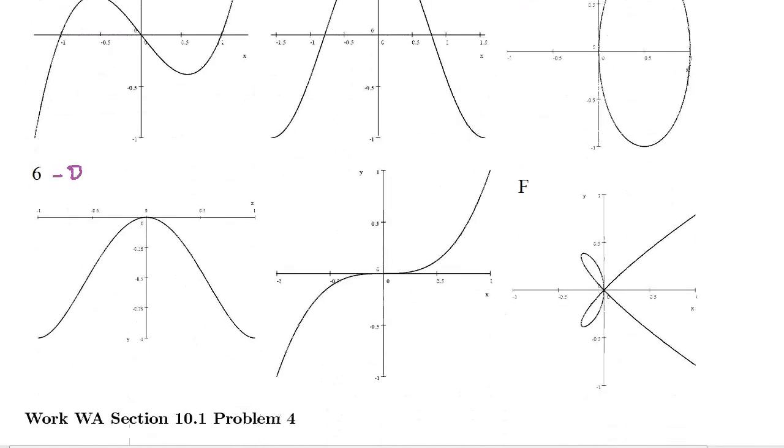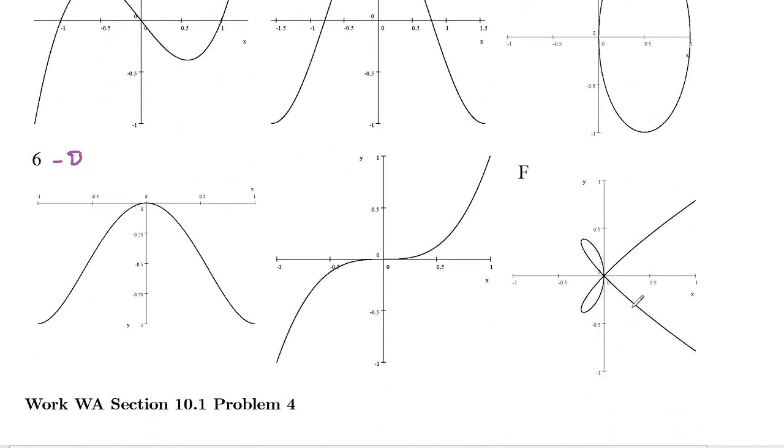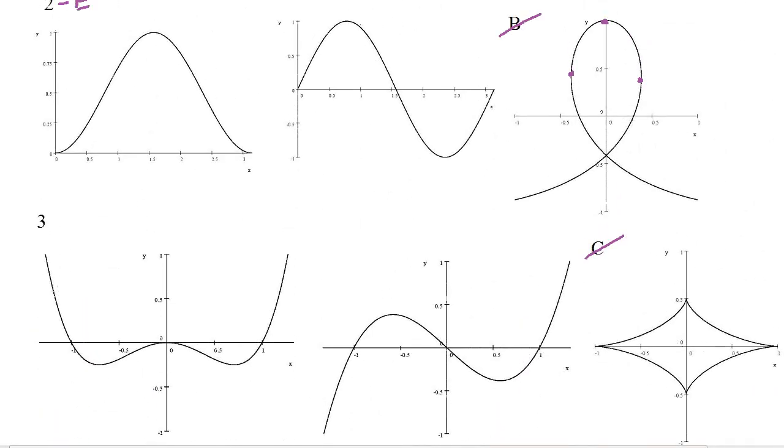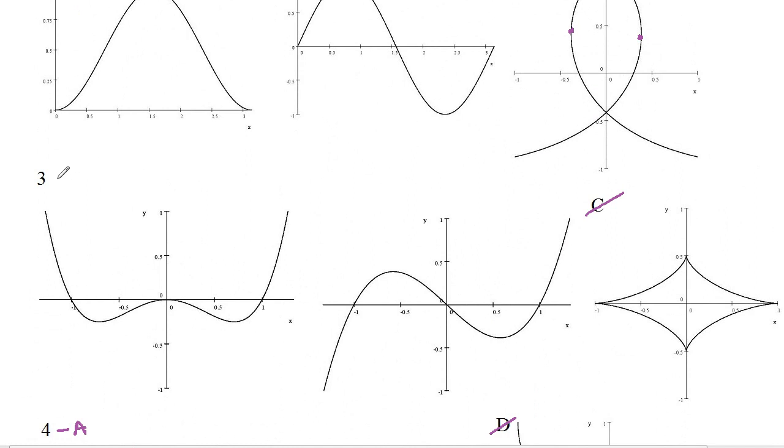And then that means that this little shoelace here, F, has to go with 3. And let's see if that makes sense. So our x is decreasing, increasing, decreasing, increasing. And y is going up, down, up.